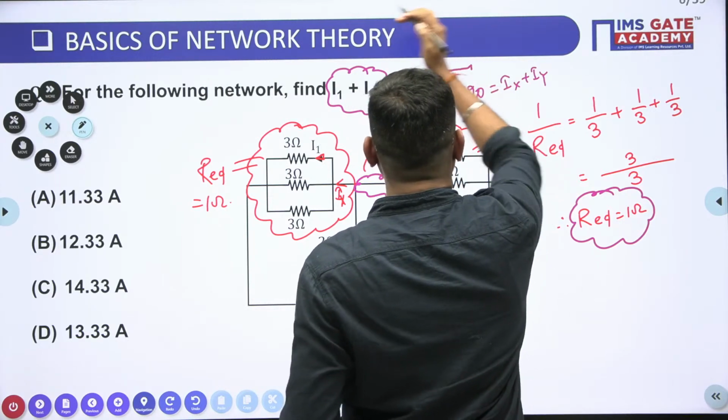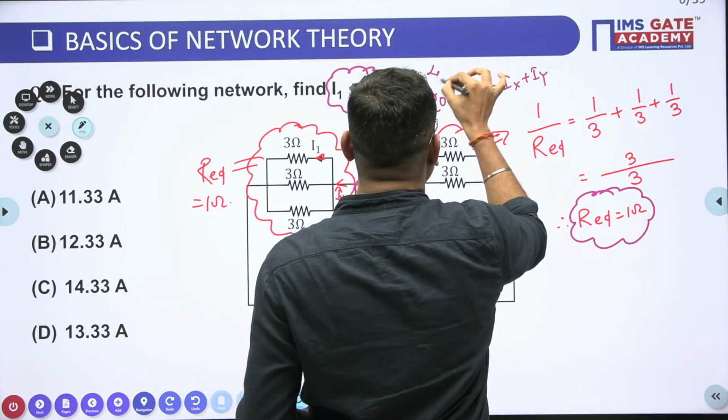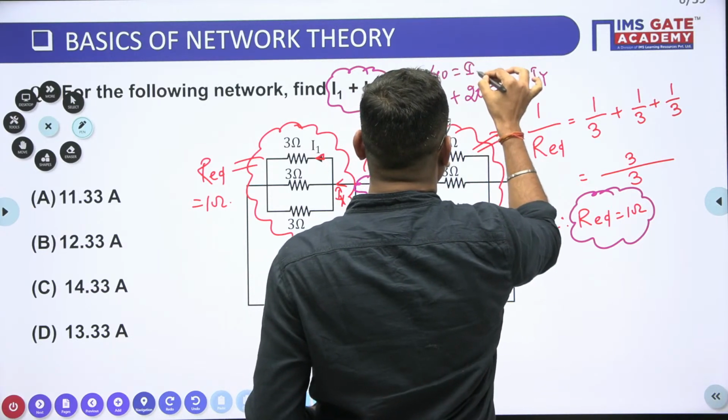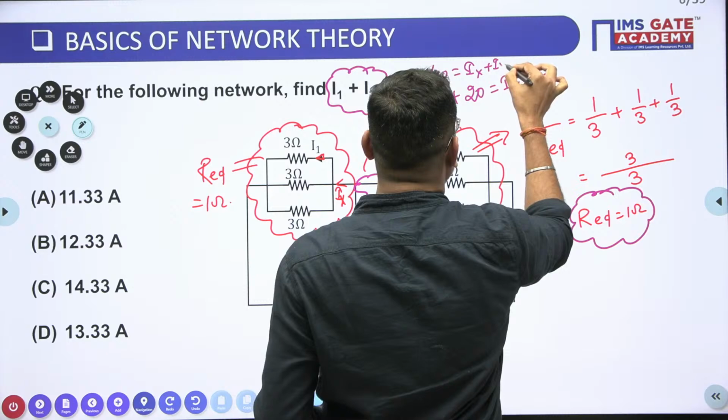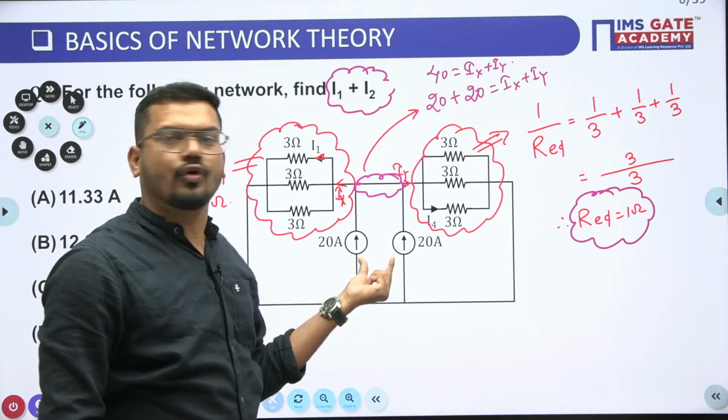So here this is 40 is equal to Ix plus Iy. Is it clear now? So this current should be equal to 40 ampere.